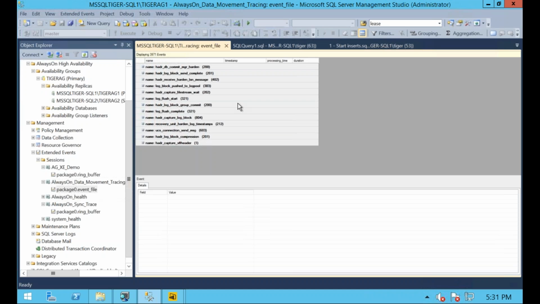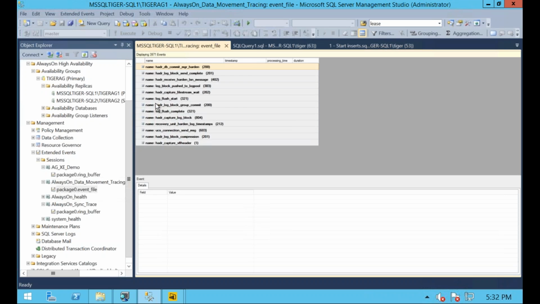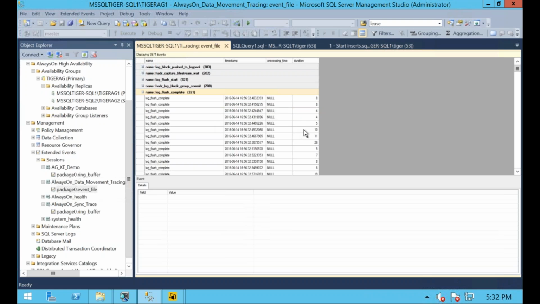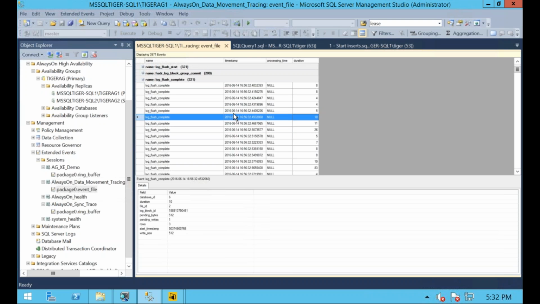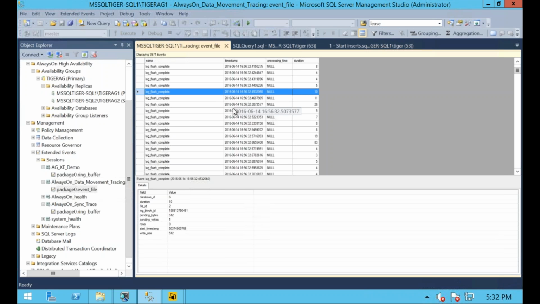Once I do that, if I want to find out how much time it is taking for the HADR to, let's say, complete a flush, I can see the time frames. The timestamp shows you when the message was recorded, and you will be able to get a timeline of when and why the latency is happening.